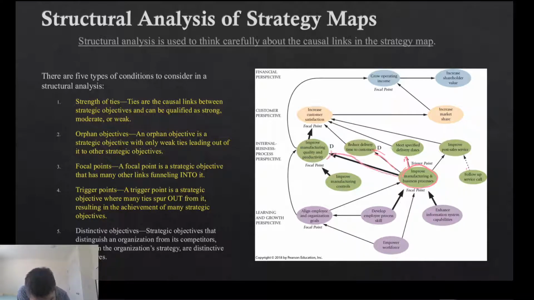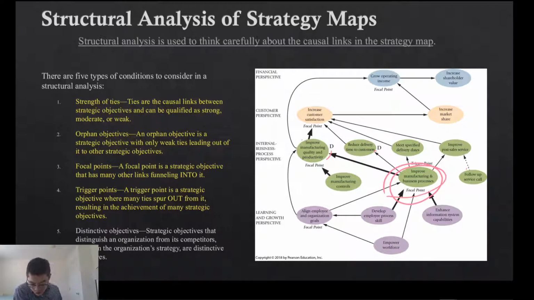So that is the trigger objective for all these objectives. Without improving manufacturing and business process, we cannot achieve these objectives. That is the most interesting objective because it is a very critical element of the strategy.